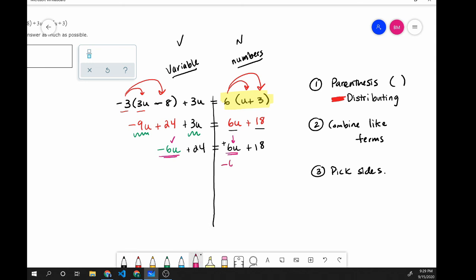So minus 6u, minus 6u. I like to draw a nice big horizontal line whenever I do that operation there. So now a plus 6 and a minus 6 right here, these cancel out, become 0. And a negative 6 minus 6 is a negative 12u. And I'll just copy down the rest of that.